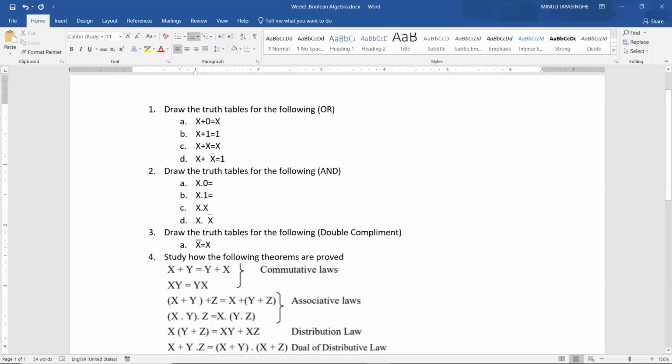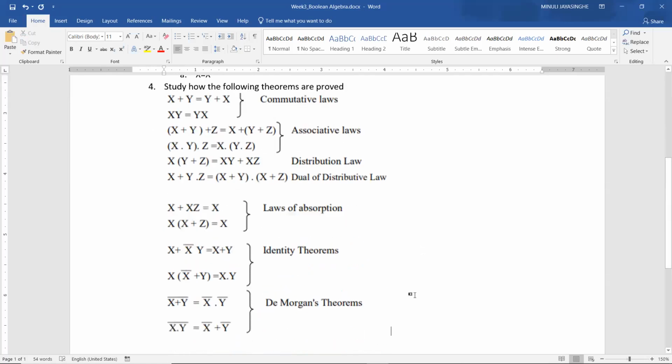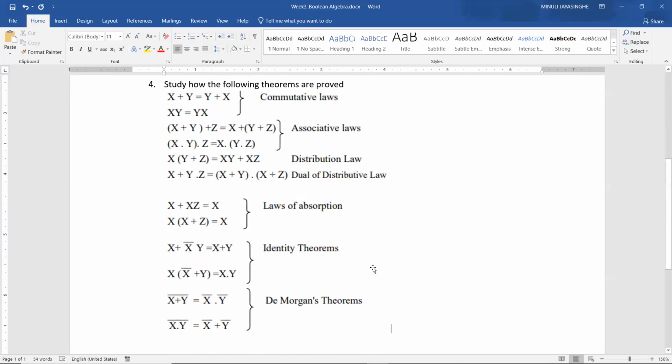You will have to draw truth tables and find out how we can obtain the rules for AND. Okay. So try to do that as well. And thereafter, the final task for you to do is you will have to search how people have proved these laws. There are many laws and theorems: commutative law, associative law, distributive law, dual distributive law, right?